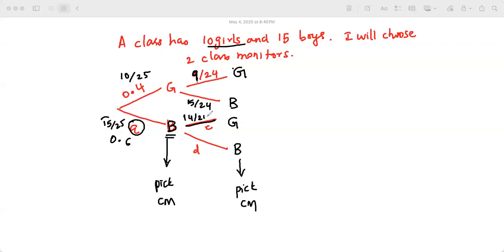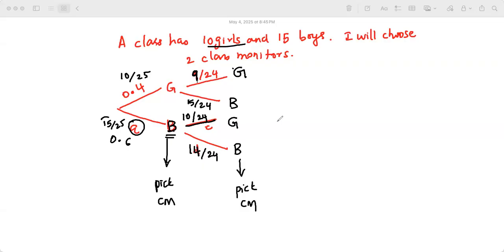Oh, sorry. Good job. No problem. Then this one, D. Wait. Who said 40? See, this one is a girl, right? This one is 14 over 24. For the boy, 14 over 24 is correct. For the girl, 24 is the denominator. That's correct. But for the girl, how many girls are in there at this point? 10. 10 over 24. Because 10 girls are safely there. Boy was picked, right?